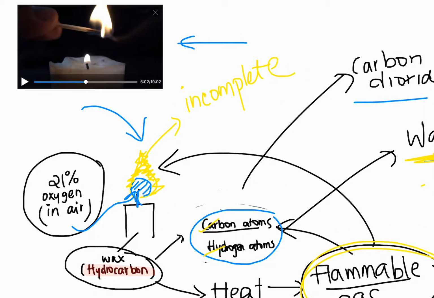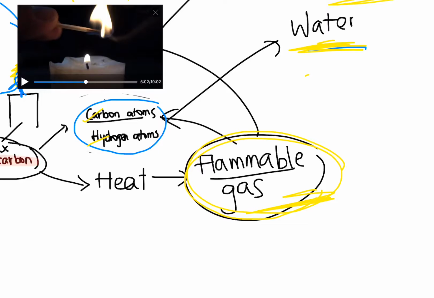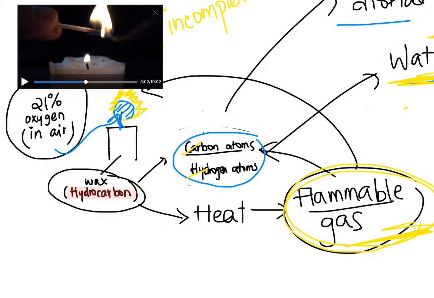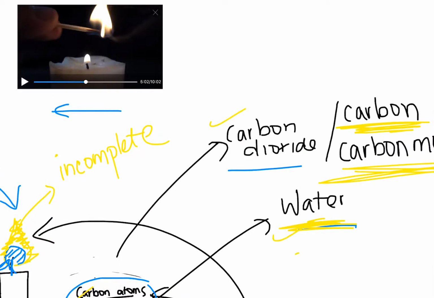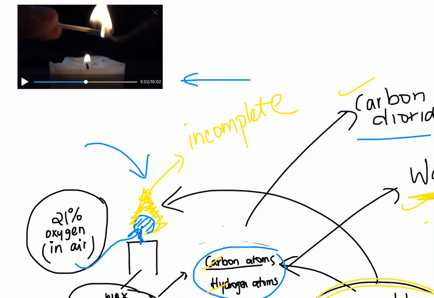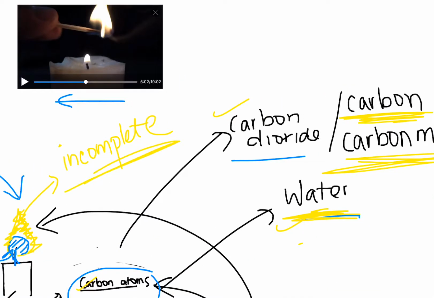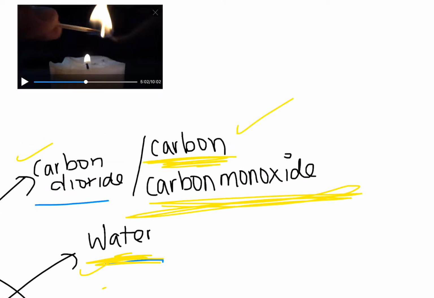Near the wick you have a heavy supply of oxygen and all the flammable gas, carbon atoms and hydrogen atoms, which gives you carbon dioxide and water. But as you go away from the wick, the ratio of fuel and oxygen means the oxygen is in limited amounts, so you have incomplete combustion that gives you carbon, or soot, and carbon monoxide.